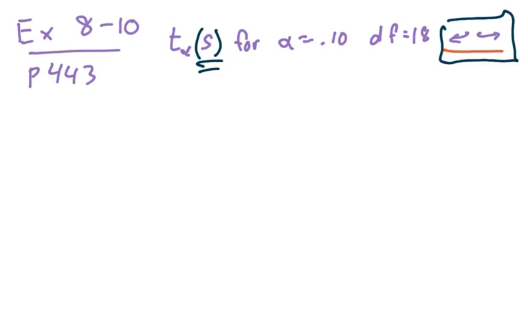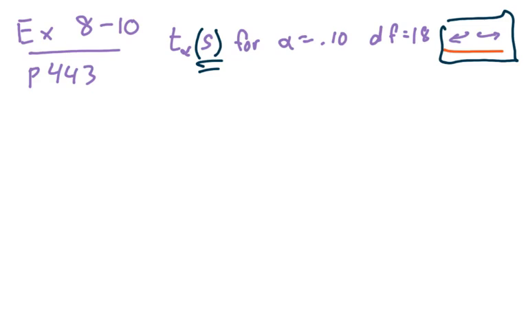Well, all we do in this case is almost the exact same thing. We're still going to use our degrees of freedom, so that's the first thing that we look at. The very first column is the degrees of freedom. We're going to scroll all the way down to row 18. And now we're looking at the category, not a confidence interval.